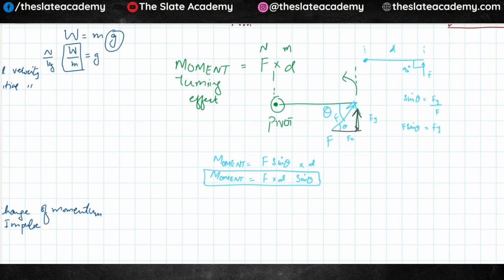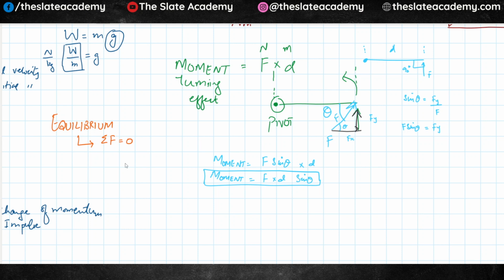Then we said that there is this thing called equilibrium. For a body to be in equilibrium, it must meet two conditions. The first condition is that the net force on the body should be equal to zero. We're not saying there shouldn't be any force acting on the body.